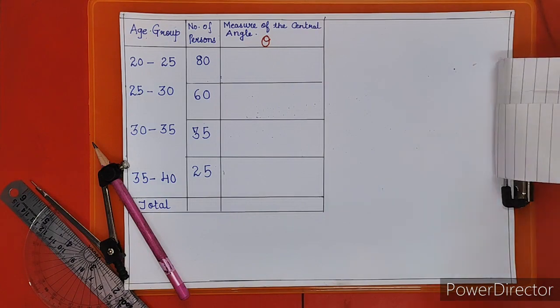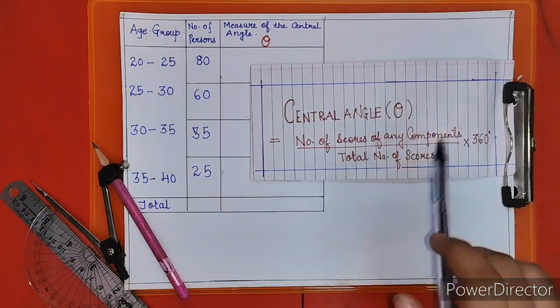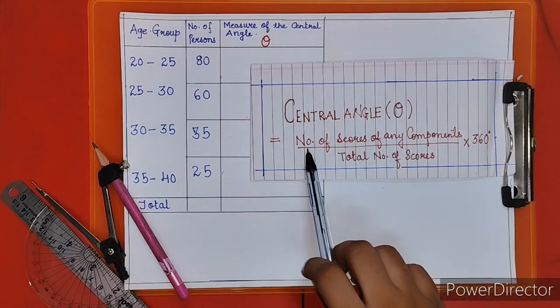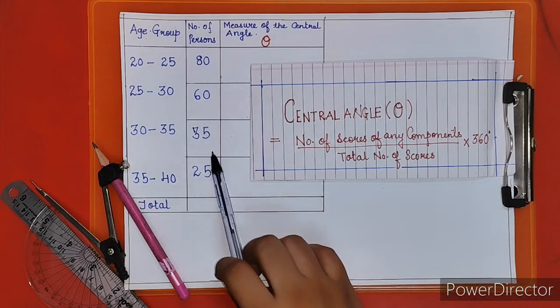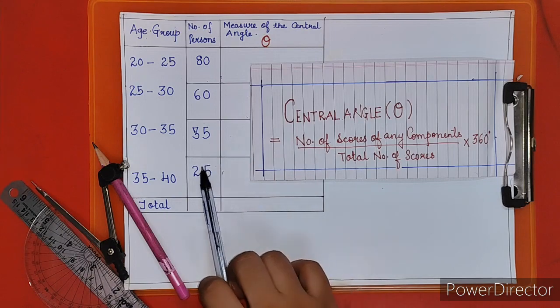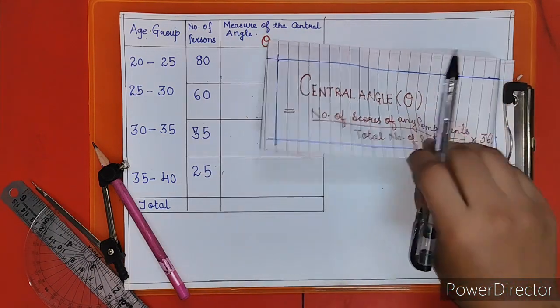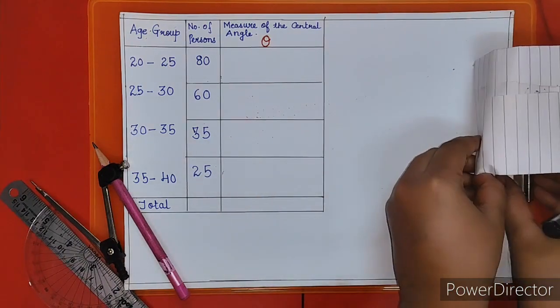We have learned the formula, we will see it once again. Central angle, theta, can be found by the number of scores of any component upon total number of scores into 360 degrees. We will multiply it by 360 degrees.